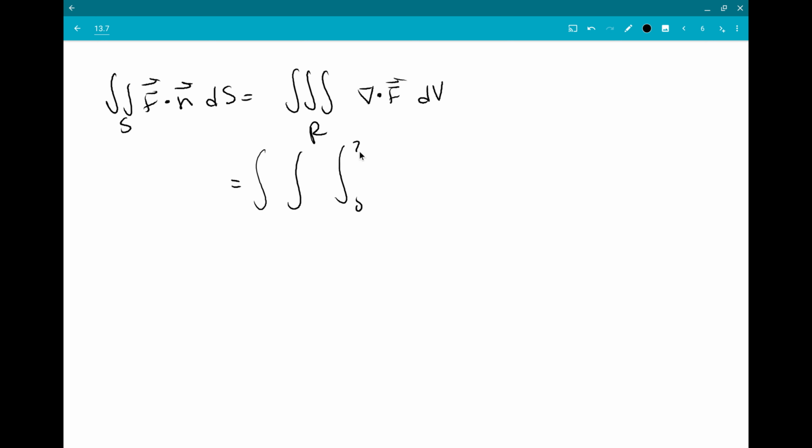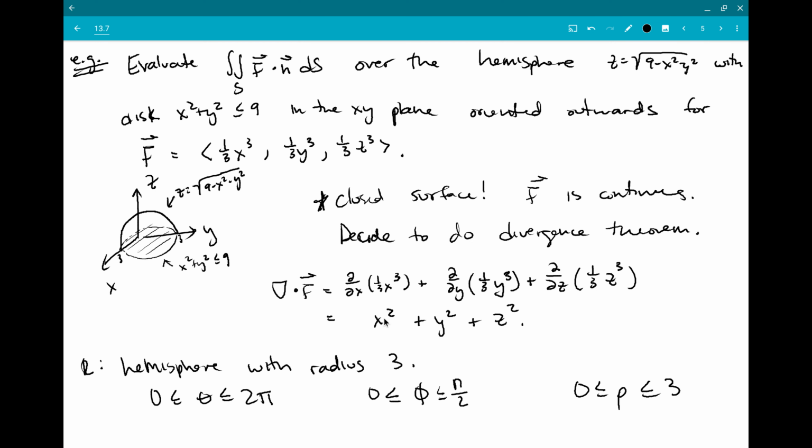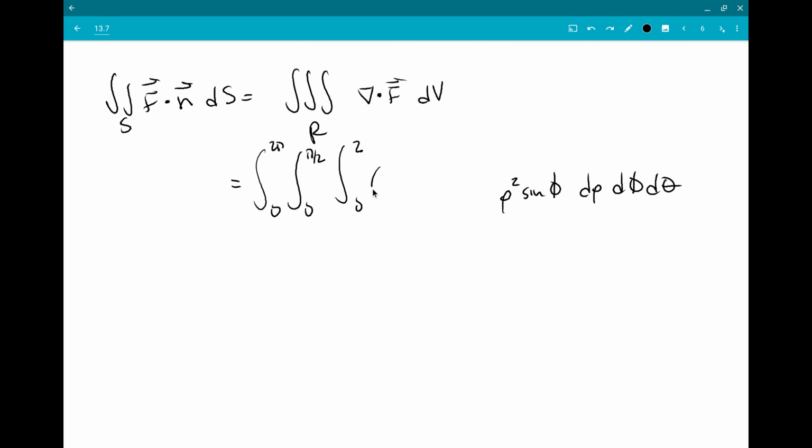My rho went from 0 to 3, my phi went from 0 to pi over 2, and my theta went from 0 to 2 pi. And then I know that I need my rho squared sine phi every time I have that dV term in spherical coordinates. And then my del dot F I found before was x squared plus y squared plus z squared.